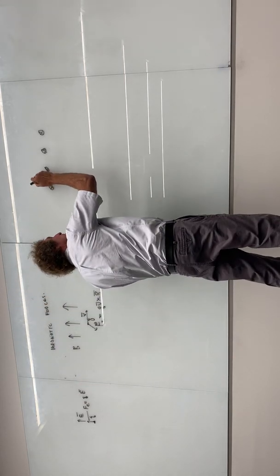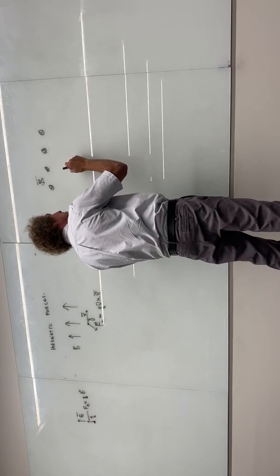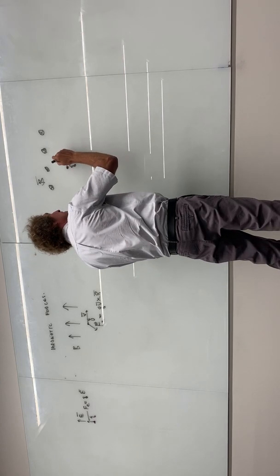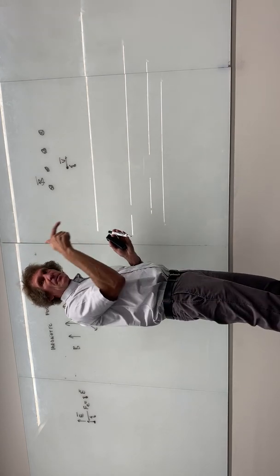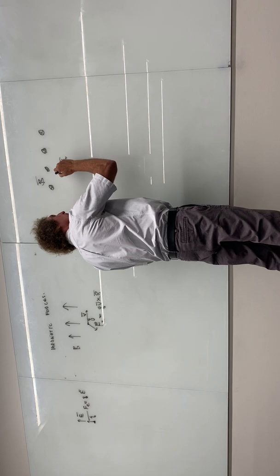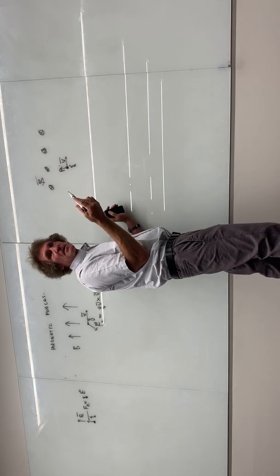So if the B field's into the board, like this, and then if I have a charge Q, velocity V, if you look at this, then QV cross B would be a force in this direction. It would be up, straight up. Follow me? I'm just trying to make this point.